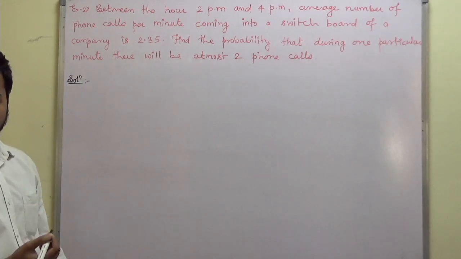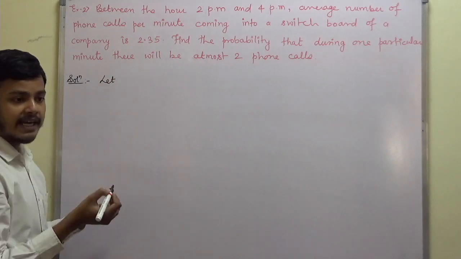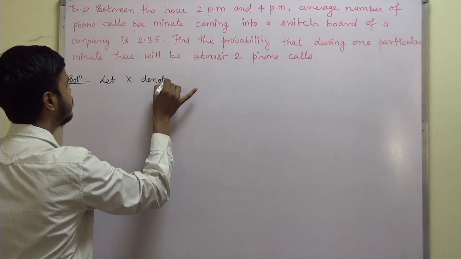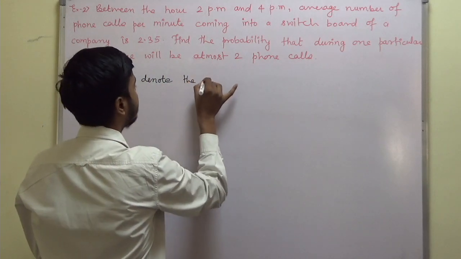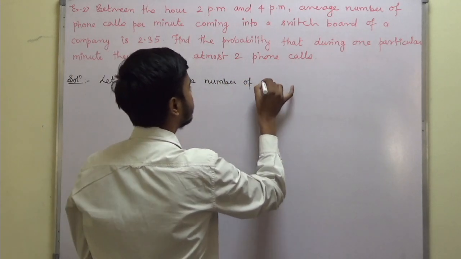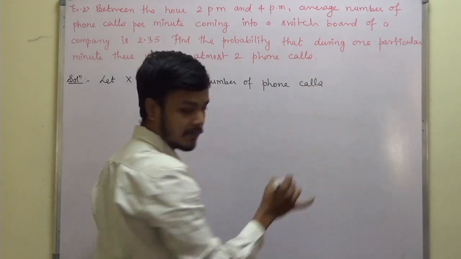So how can one start? By defining the random variable. Let X denote the number of phone calls per minute.